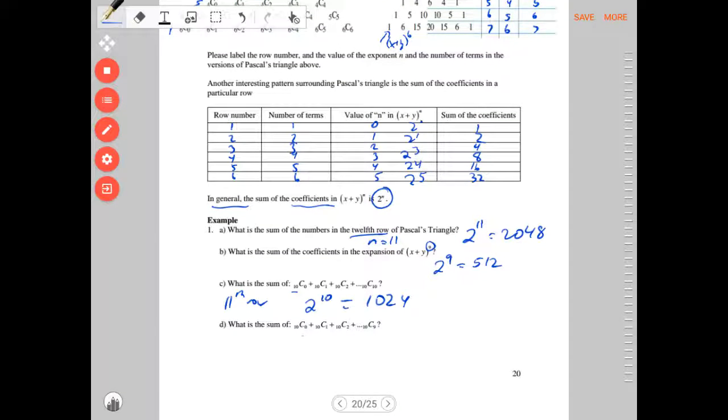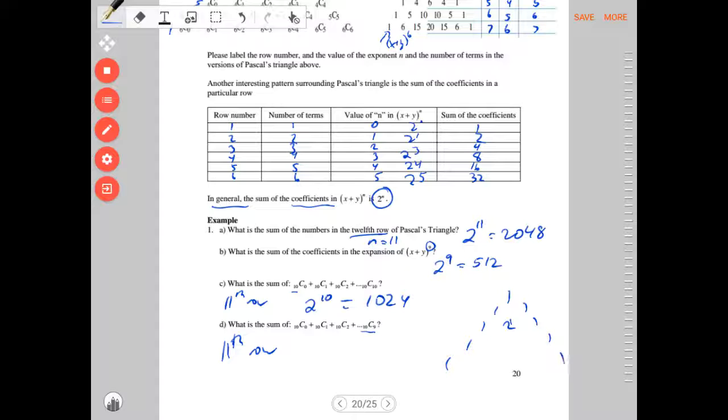Okay, and then this is the same thing, but look at this. 10 choose 0 plus 10 choose 1 plus 10 choose 2, all the way up. Oh, we stop at 10 choose 9. So we are missing that very last edge of the 11th row. Remember, it's always 1s on the outside edges.